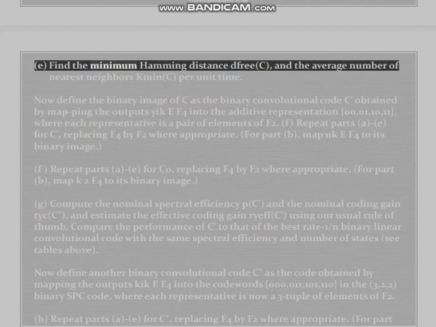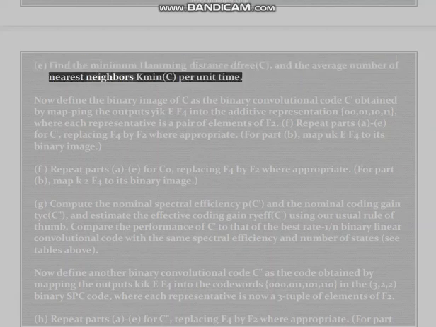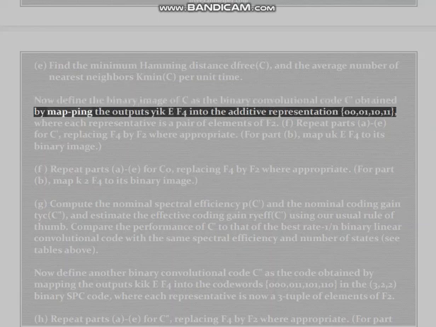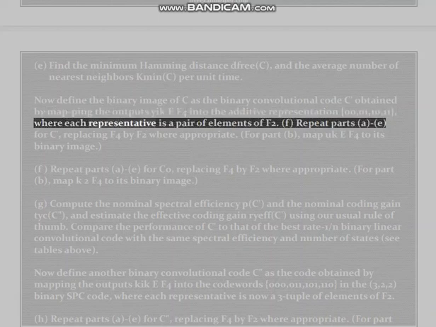E. Find the minimum Hamming distance d_free(C), and the average number of nearest neighbors K_min(C) per unit time. Now define the binary image of C as the binary convolutional code C' obtained by mapping the outputs y_ik in F4 into the additive representation 00, 01, 10, 11, where each representative is a pair of elements of F2.